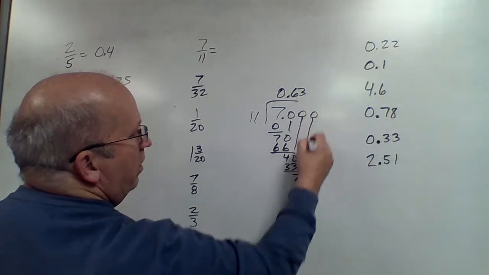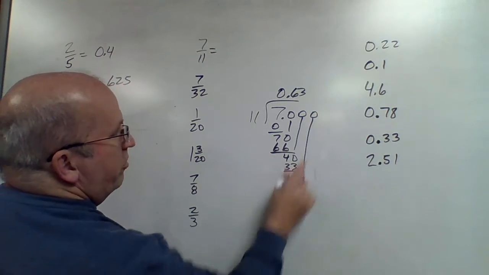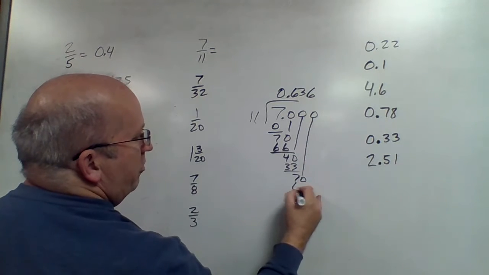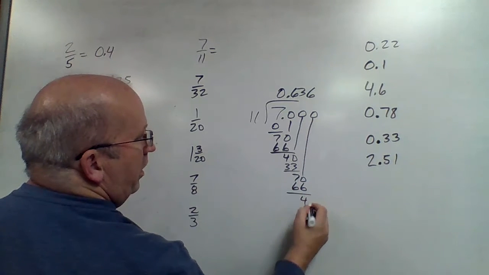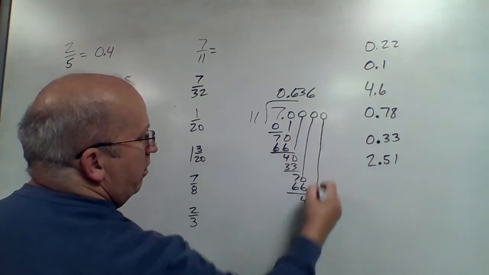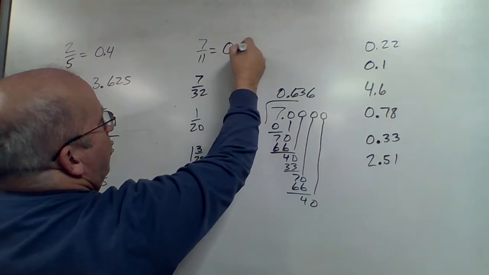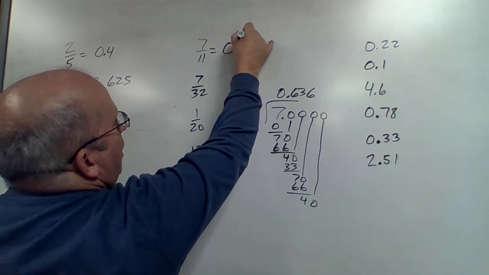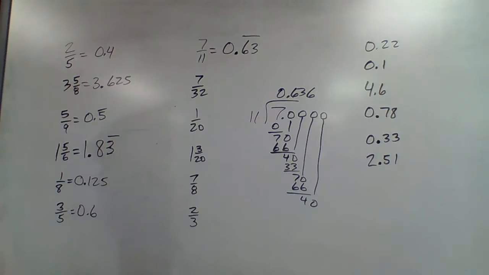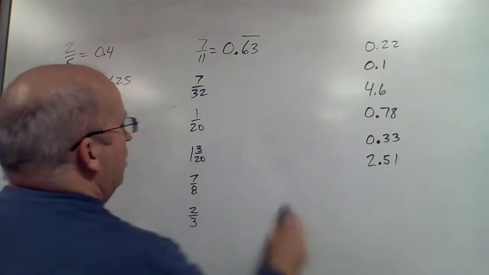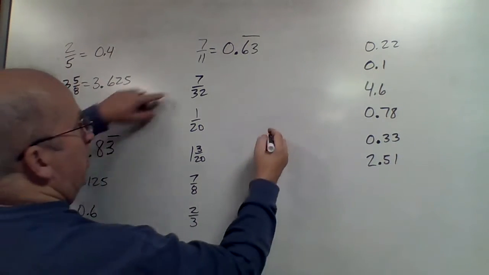Bring down another 0. It goes into 70 6 times. Do you see what's happening? We're going to end up with some repetition here. It's going to be 63, 63, 63. So 0.63 and bars over both numbers. Both numbers. Let's do the next one.